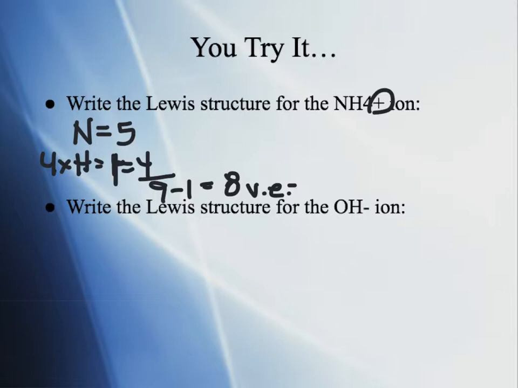All right, so let's remember back to our steps. We're going to figure out which one makes the most number of bonds between nitrogen and hydrogen. That would be nitrogen, and we've got 4 hydrogens, 1 for each side.